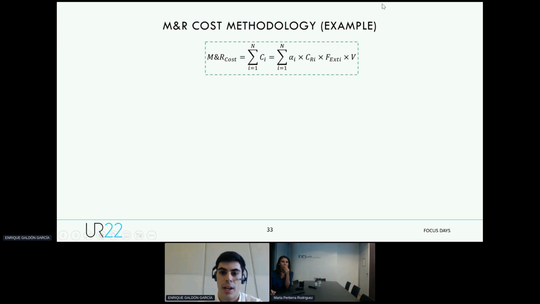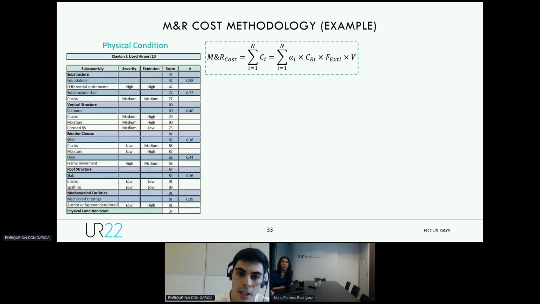Well, so we calculate the maintenance and repair cost, assuming all the maintenance and repair costs of each subassembly. So the sum of these subassemblies enables us to calculate the total maintenance and repair cost. First of all, I want to start with the first value of the formula.